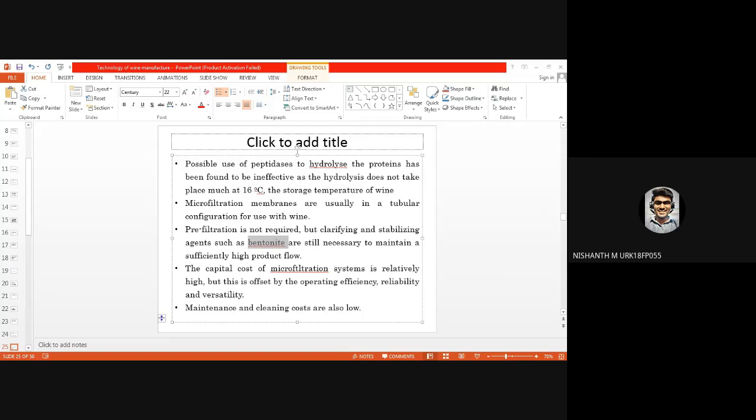It helps filtering, like absorbing the solid particles. What is the theory of filter aids? I'm not sure, sir, but absorption. You have to be sure.